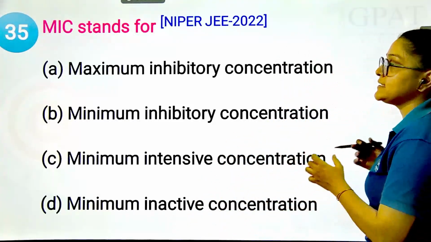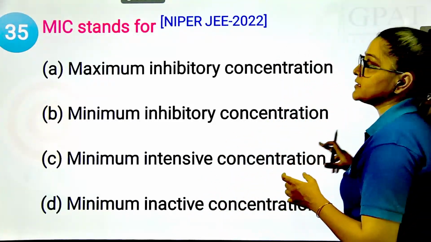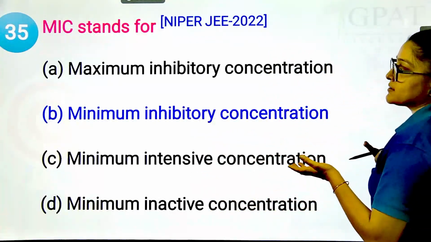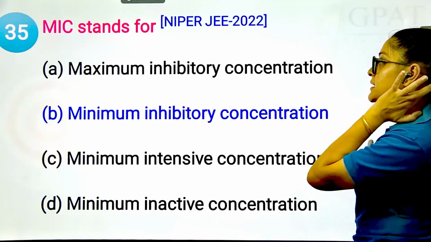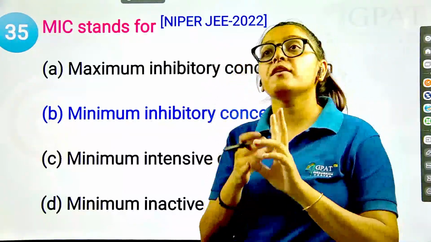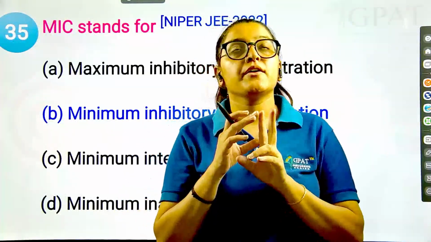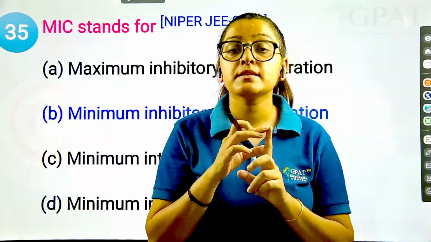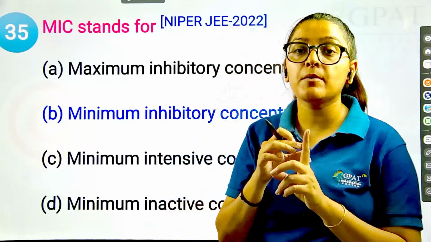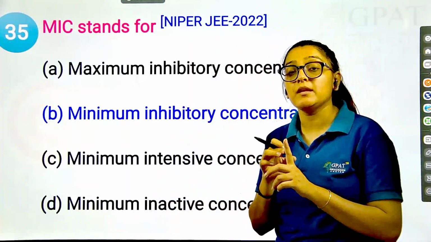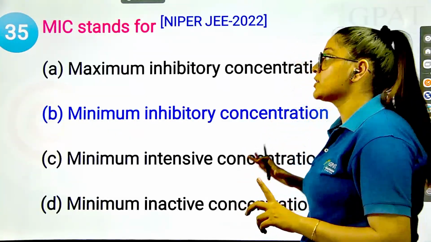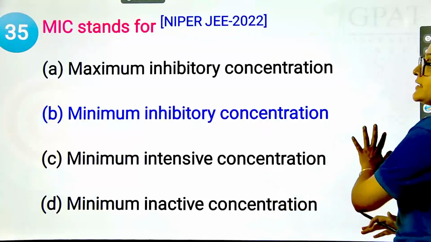So MIC is minimum inhibitory concentration, option number B. We have two more, right? If you remember, we have maximum safe concentration or tolerable concentration, as well as minimum effective concentration. MEC, we have MSC also, and one is MIC. Next question.